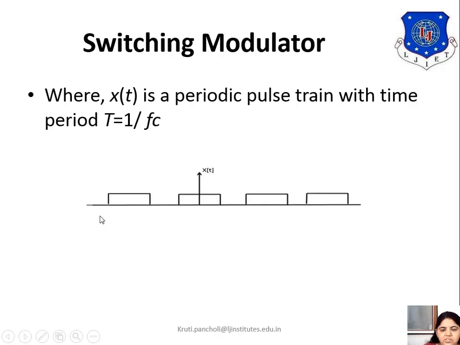Suppose this is the x(t) signal. You can see that it is a periodic signal, repeated at regular intervals of time. Whenever a periodic signal is there, we can represent it by a Fourier series.